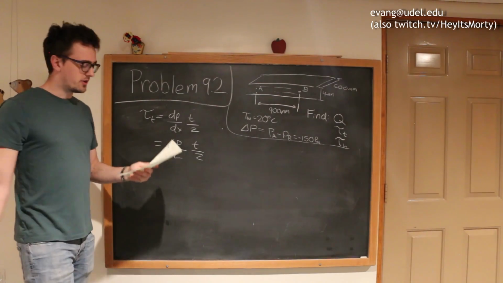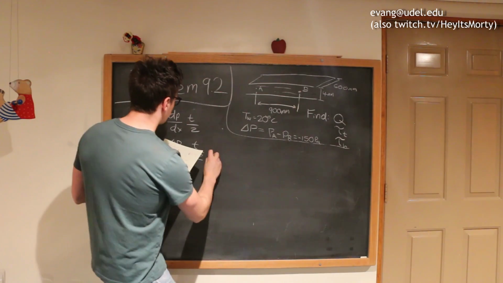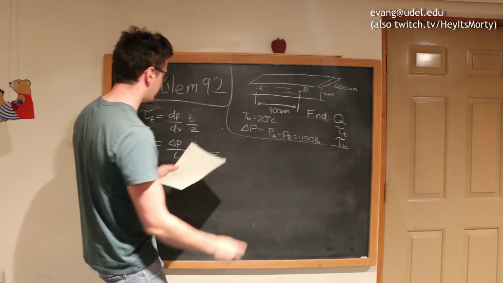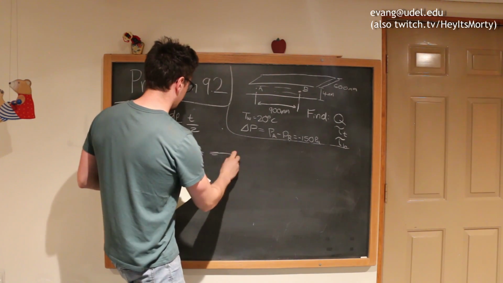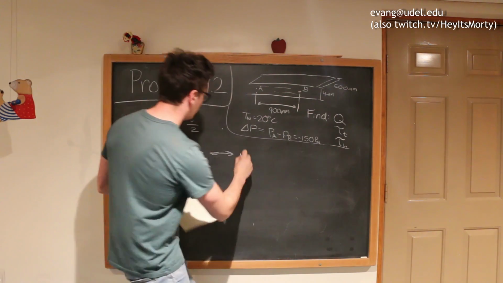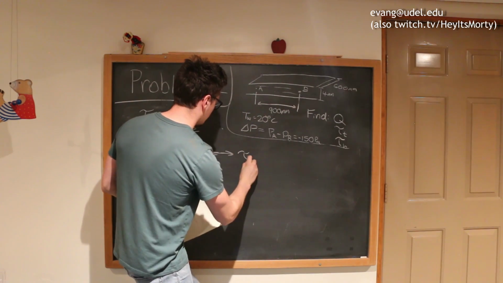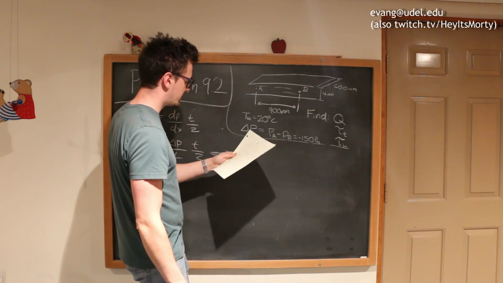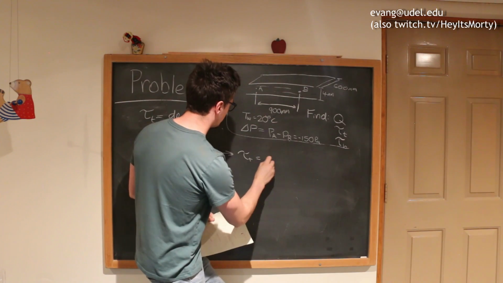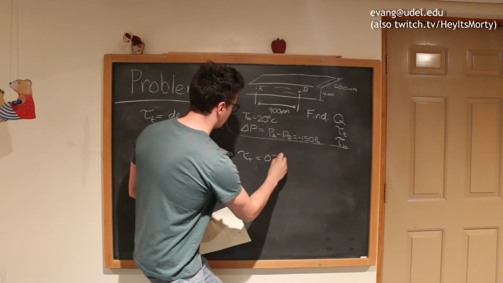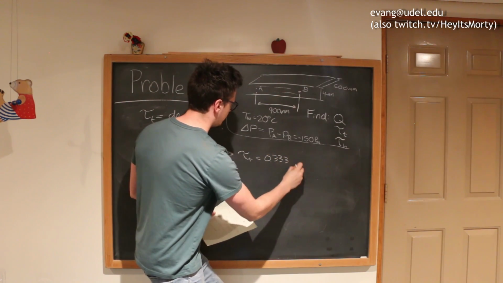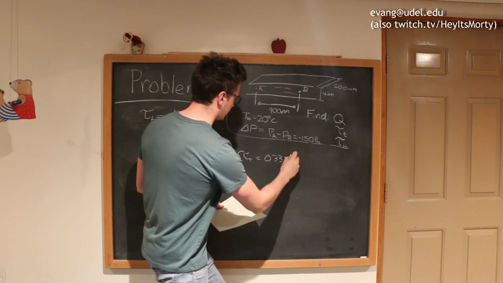You have all your knowns, plug in the values, and you will get that tau sub t is equal to 0.333 pascals.